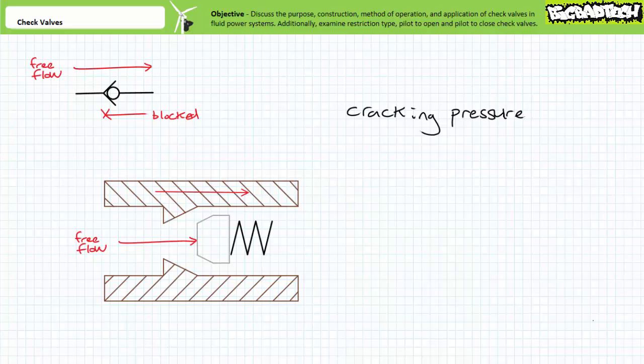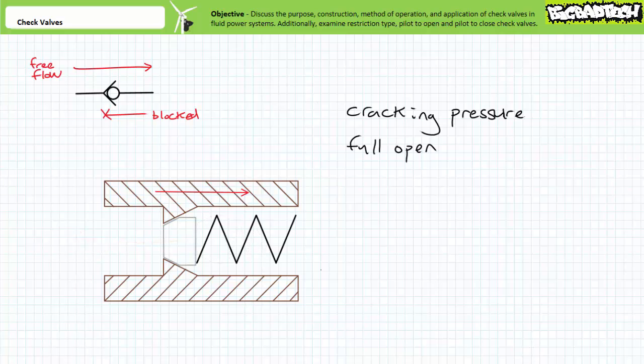Most check valves have extremely low cracking pressures, on the order of 5 psi. At the full open pressure, the poppet fully unseats and allows unrestricted flow. The region between cracking pressure to full open pressure would see increasing flow in the free flow direction as the poppet progressively unseats.